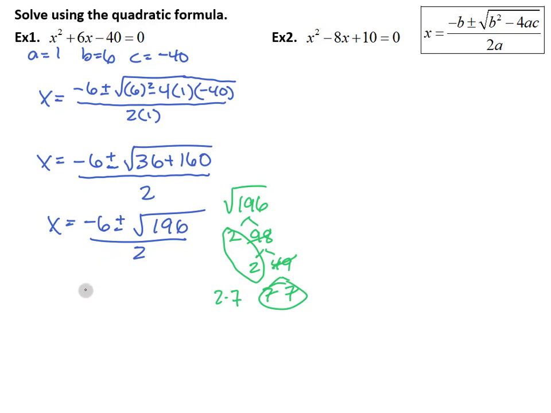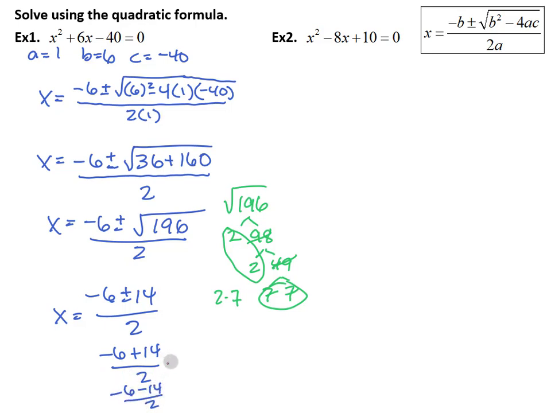Okay, so we have -6 plus or minus 14 all over 2. We ended up getting a nice exact value. And when you do get an exact value over here, we can actually go ahead and calculate this out and keep our answers as exact as possible. So we have two cases. We have -6 plus 14 over 2, and then we also have -6 minus 14 over 2.